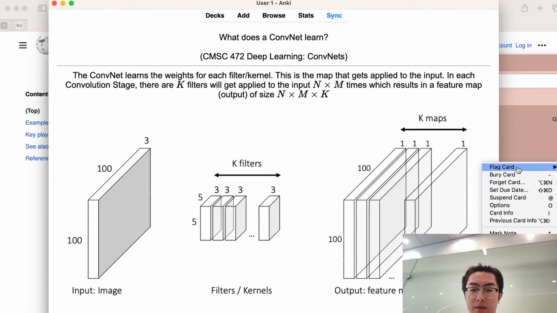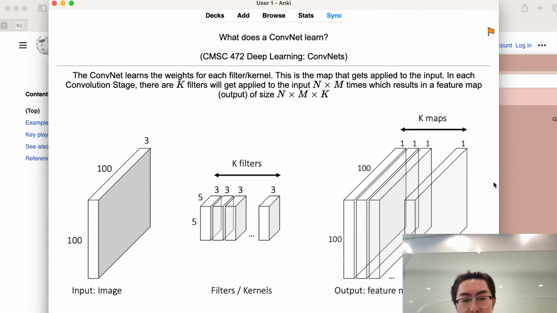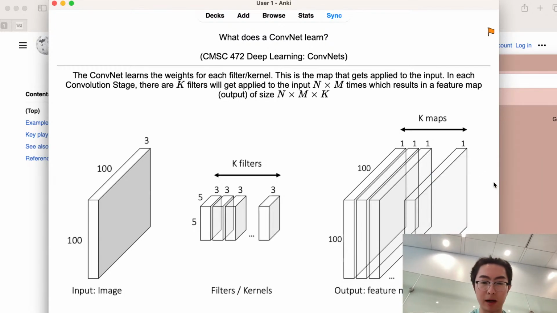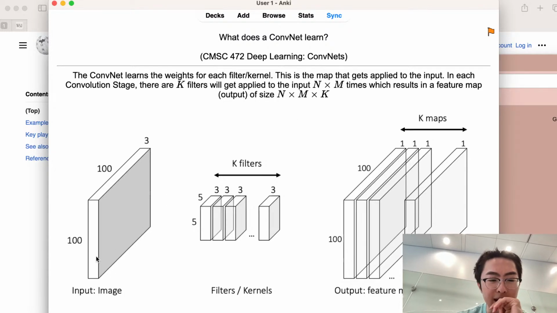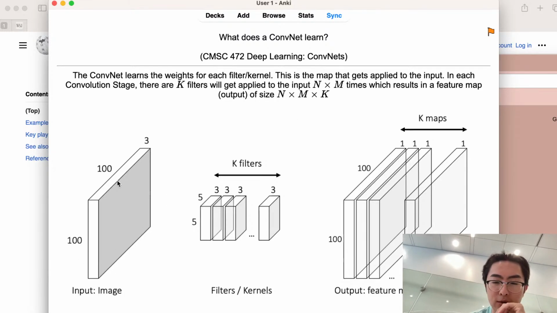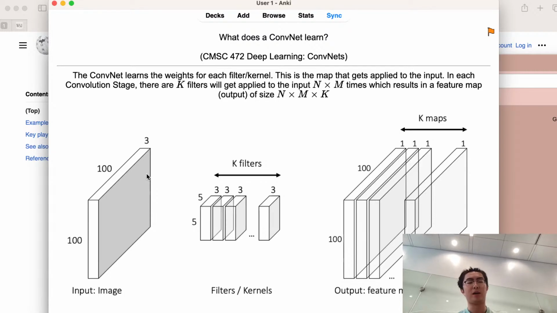Okay, I'm going to flag this orange. So I'm not entirely sure what I mean by n by m inputs. Okay, I guess n by m, where n is the number of rows, m is the number of columns, right? And then our filter itself is going to be n by m as well, 5 by 5, and then n by n by k.